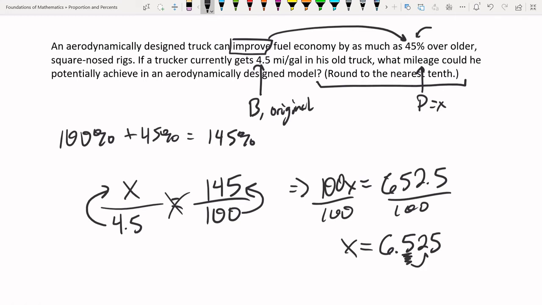We look at the 2. Is it 5 or greater? No, it's not. So we do nothing to this. We just drop it, and say we get 6.5. MPG, they also use miles per gallon. Same quantity. 6.5 is our new gas mileage.